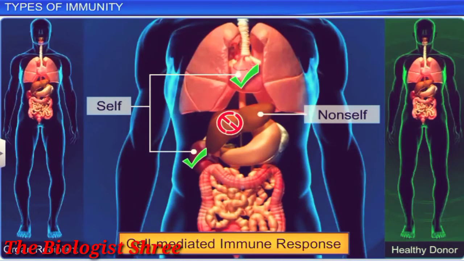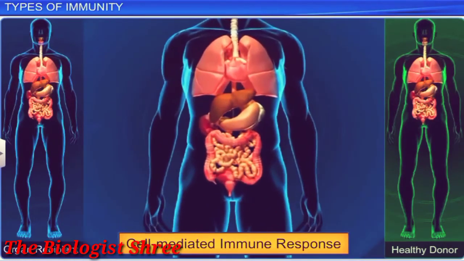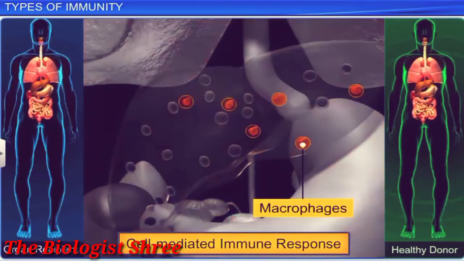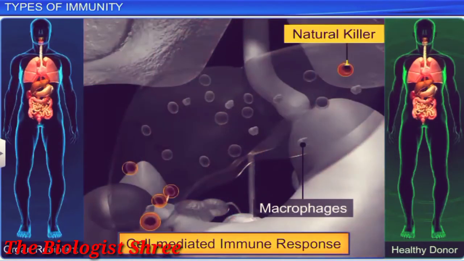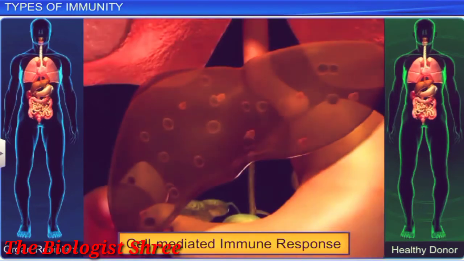This ability of the body to differentiate between self and non-self while rejecting grafts is the cell-mediated immune response. It is an immune response that doesn't involve antibodies, but it involves the activation of macrophages, natural killer cells or NK, antigen-specific cytotoxic T lymphocytes, and the release of various cytokines that fight antigens.